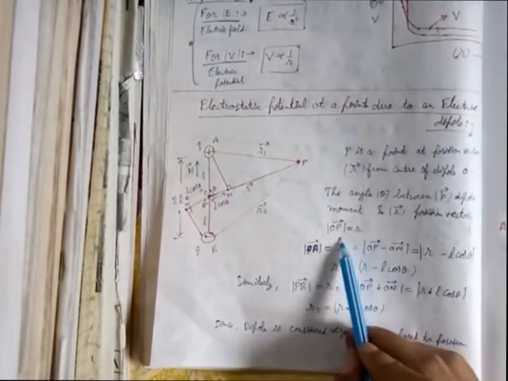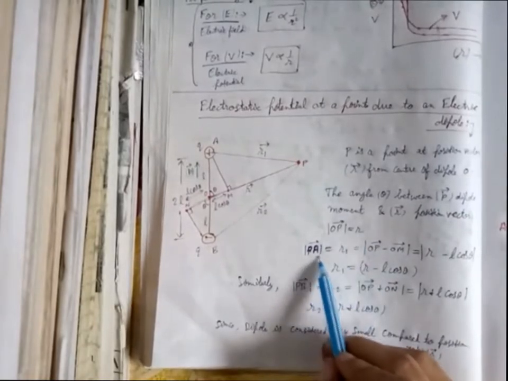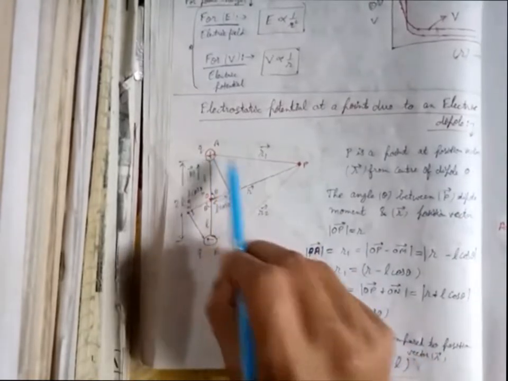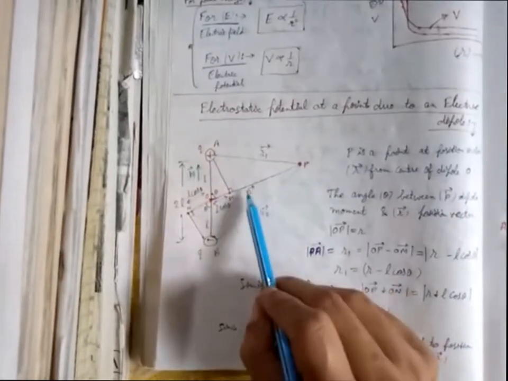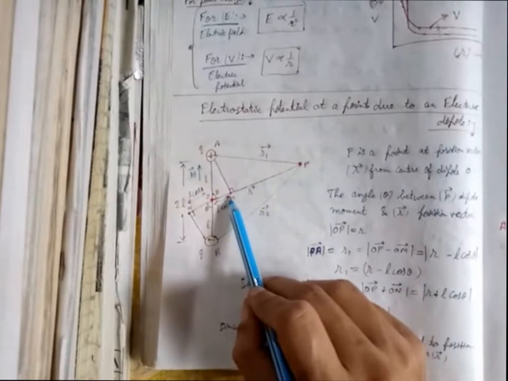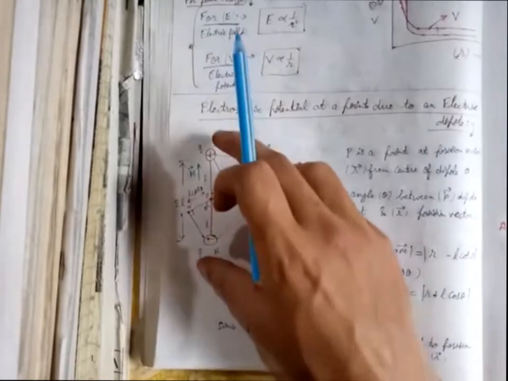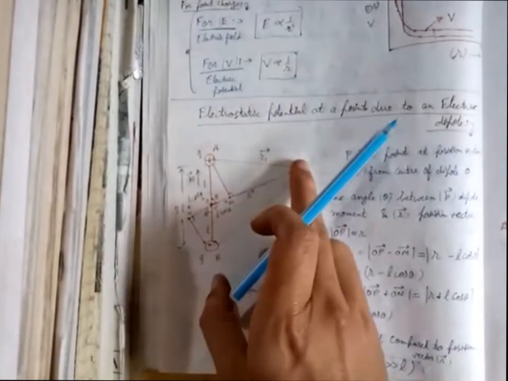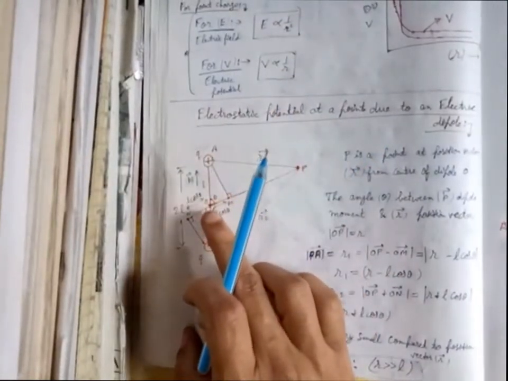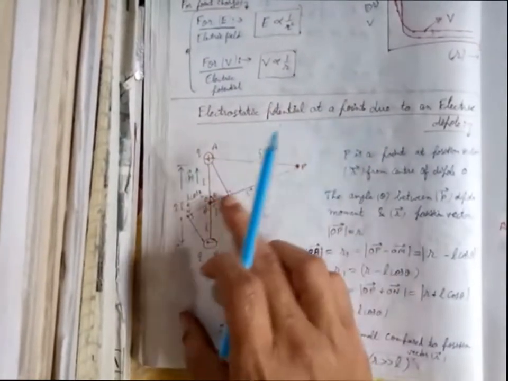OP distance is r. The PA distance is OP distance minus OM, because we are considering this dipole to be very short, so PA is almost equal to OP minus OM.